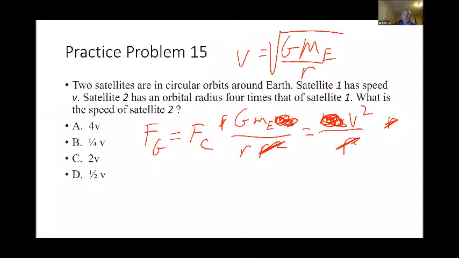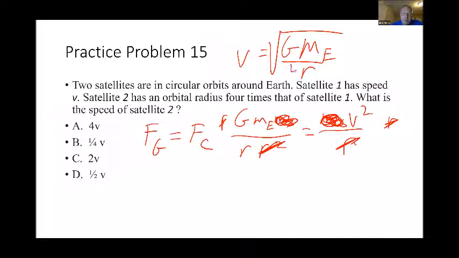Now here's what we got to think about. The mass of the Earth is constant. G is the universal gravitation constant. The thing that changes here is the radius. And for satellite 2, it's 4 times what it is for satellite 1.